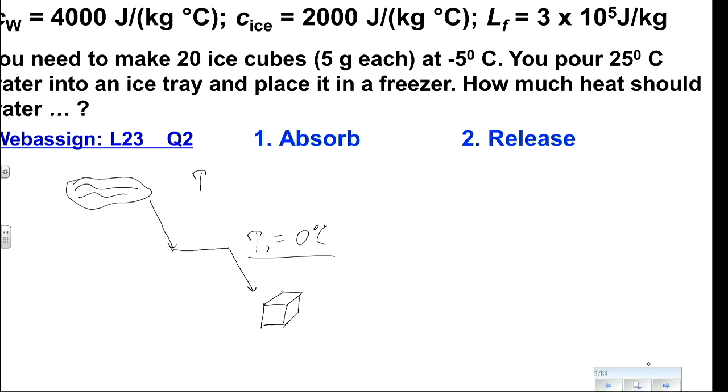And so how many processes do we see here? 3. This is what we call temperature change, well, TC. This is what we call phase transition. And this, again, temperature change. For each process, we have one equation which describes the amount of heat which is being absorbed or released. And in this situation, it is being released.